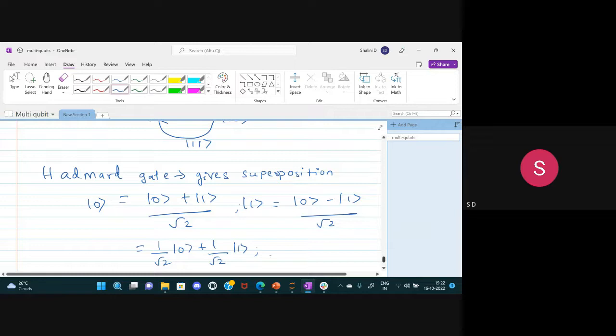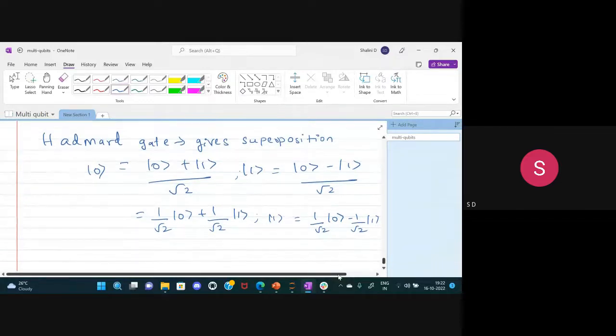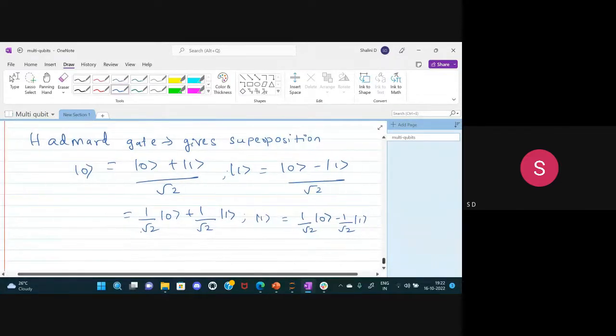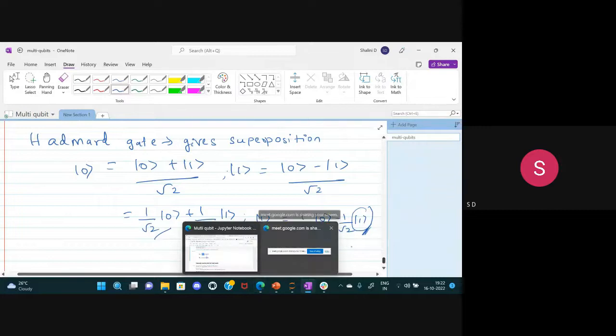So there is a 50-50 chance. 50% it will be in the ket 0 state, 50% it can be in the ket 1 state. Same way, 50% it will be in the ket 0 state, 50% it will be in the minus ket 1 state.